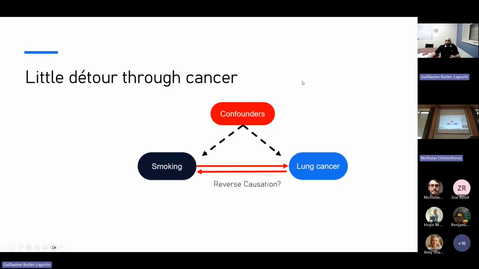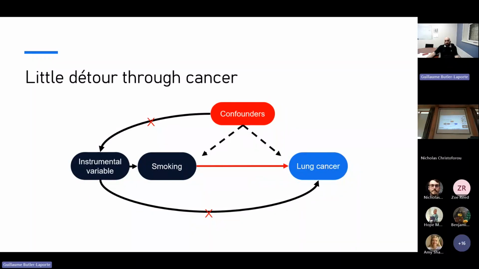And so what early epidemiologists did is use a method called instrumental variable analysis, where they said: if I could find a variable, which I'm going to call the instrumental variable or the instrument, that was associated with lung cancer only through its association with smoking, then with a bit of math I could recapitulate the red arrow there, the causal effect of smoking on lung cancer.